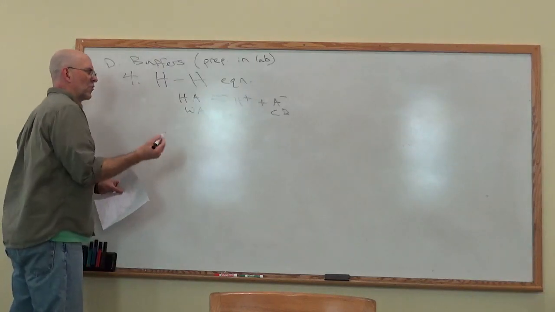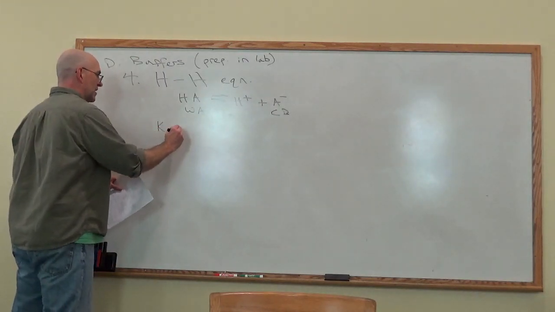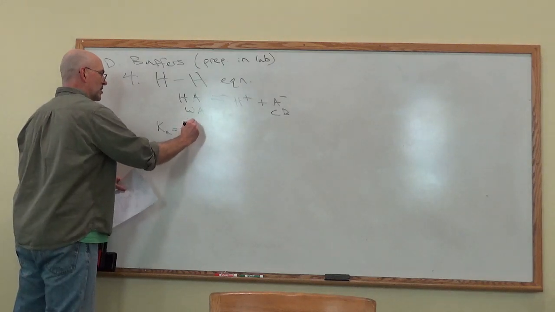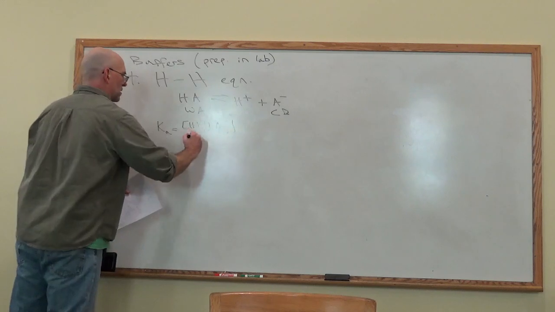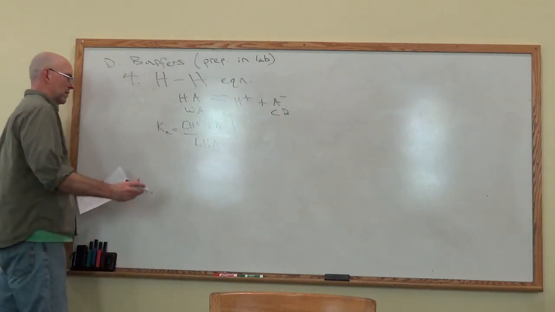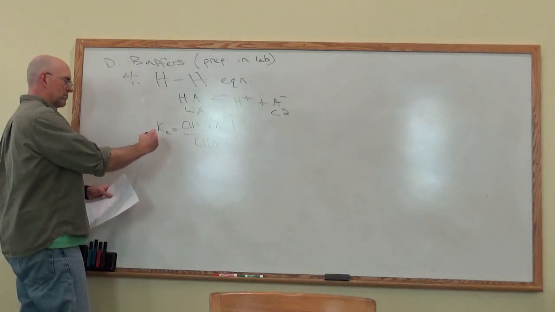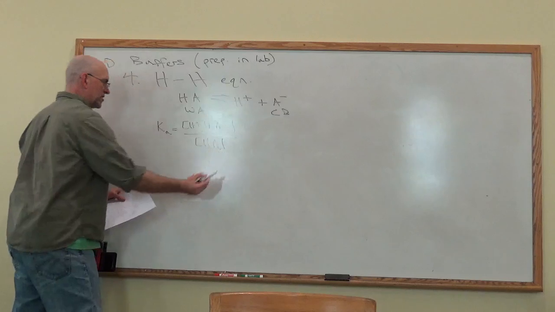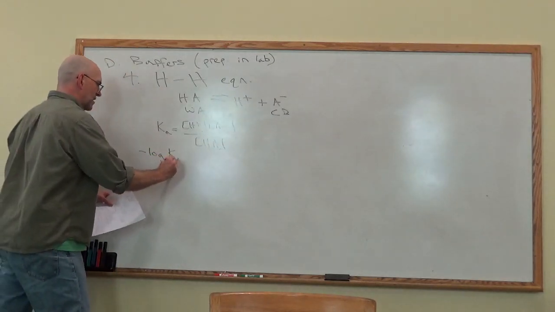So we derive this equation, it's just using some logarithm math. So Ka is H plus times A minus all over HA. Then what we're going to do is take the negative logarithm of each side, negative logarithm of Ka.